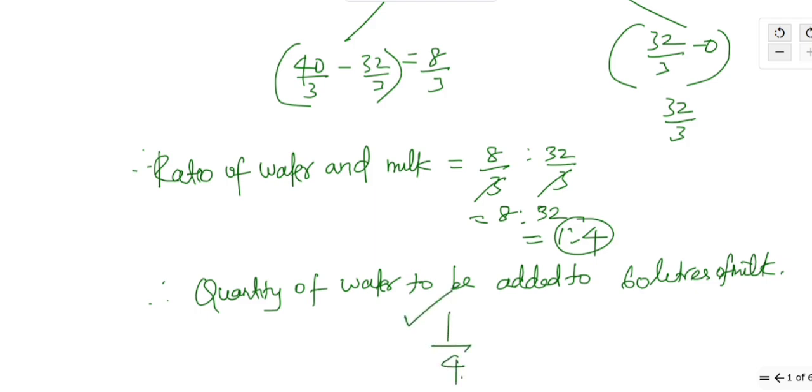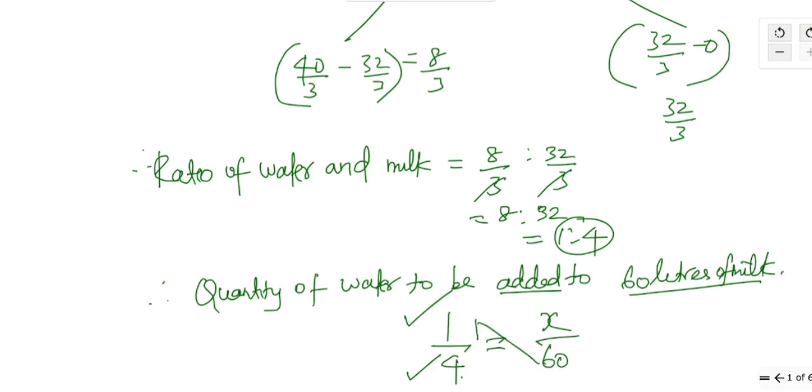The numerator denotes the water, the denominator denotes the milk. That is equal to 60 liters of milk, which will be written on the bottom. The numerator we don't know. About water, we have to figure out how much water has to be added. Proportion means comparing ratios, which we did now. So here we can do cross multiplication.